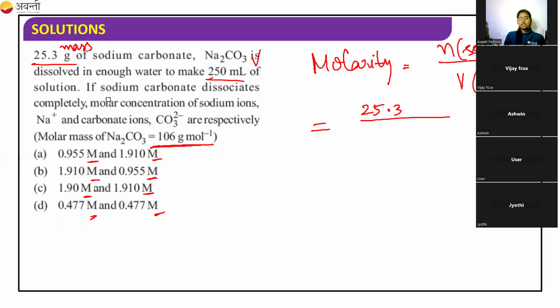So 25.3 divided by 106 into volume, which is given in terms of milliliter. So we have to convert this into liter. So I am multiplying this by the number 1000 and here it is 250. Okay. So if we solve this, we will get. Can anyone solve this and let me know the answer in the chat box? One of you solve this and find out the answer first for the molarity.